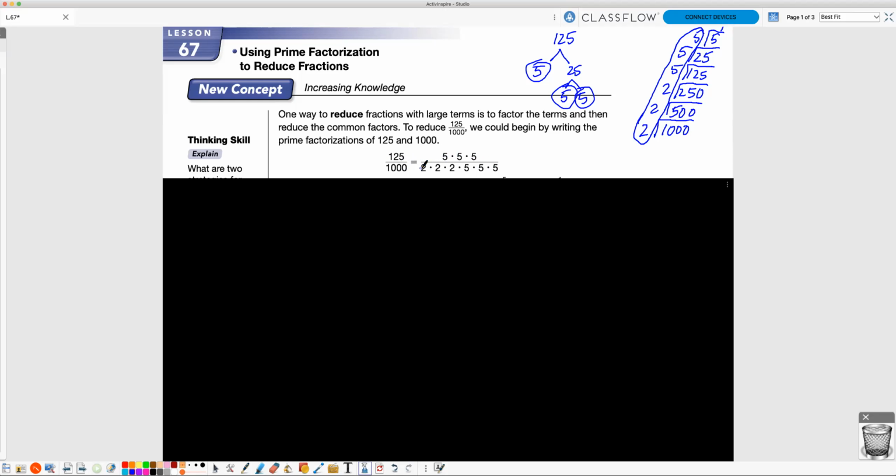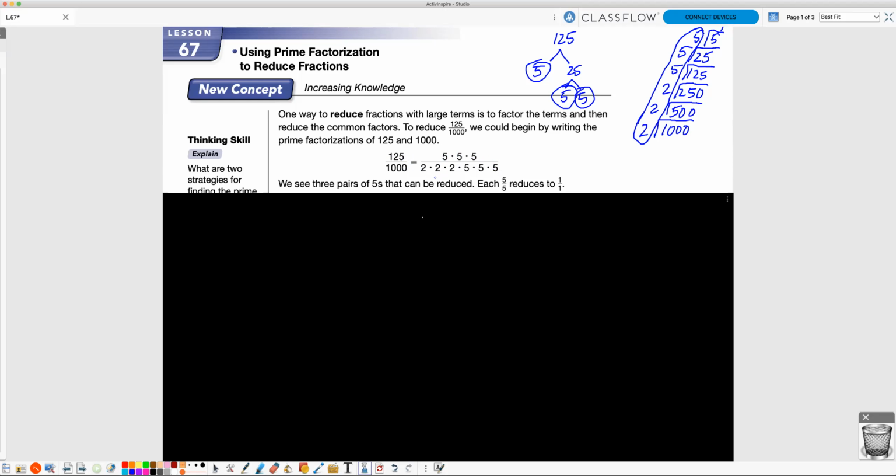Once you have this set up, you can see the pairs of 5s that can be reduced. Each 5 over 5 reduces to 1 over 1. So this 5 and this 5 reduce to 1 over 1, this 5 over this 5 reduces to 1 over 1, and this 5 over this 5 reduces to 1 over 1.